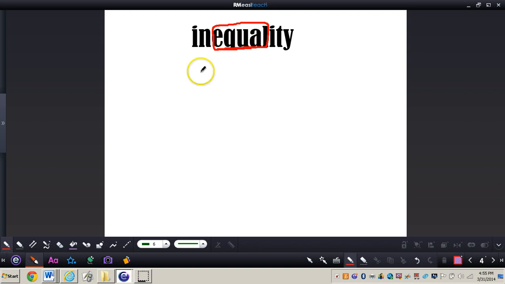Now it is important to understand a couple different symbols. We know that this symbol right here is less than. We know that this symbol right here is greater than.